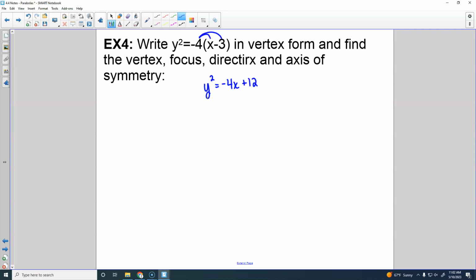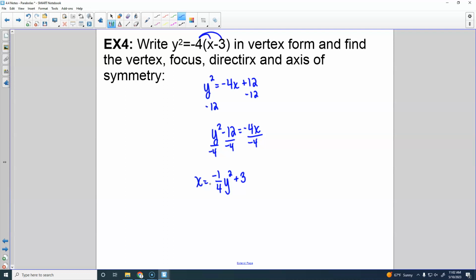I'm not going to have to complete the square because there is no plain y there with it. So I'm just going to subtract 12. So y squared minus 12 equals negative 4x. And then I'm going to divide everything by negative 4. So that's going to be negative 1/4 y squared plus 3. I'm going to put the x over here. X equals.